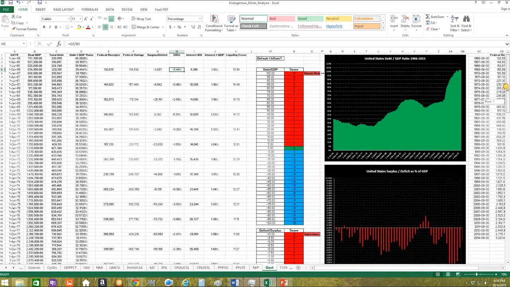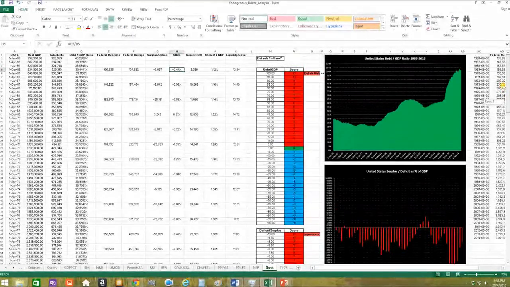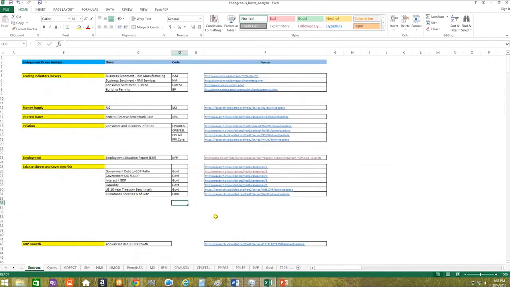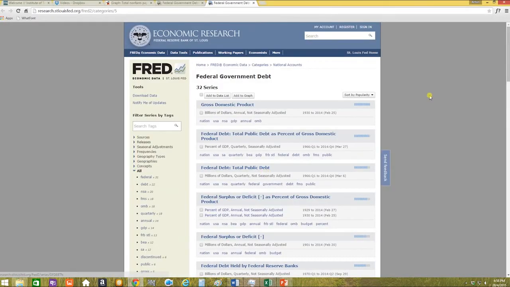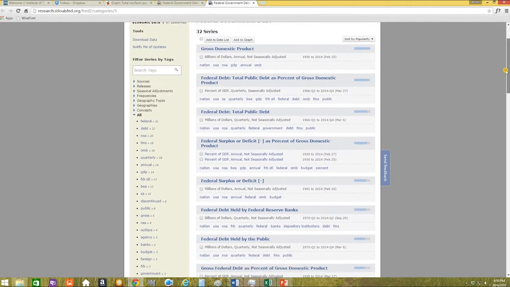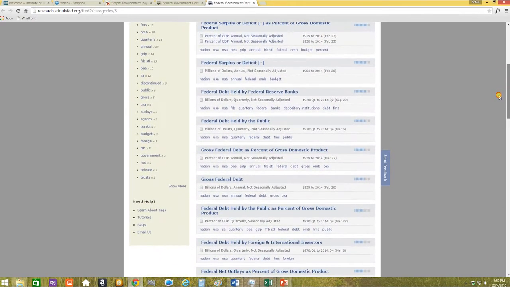But as we know, it's still inflationary, and the outstanding debt has been continually increasing, and that's above 100% debt to GDP. Now, where do we get these numbers from? Well, if we go to the sources section, we click on here, we go back to the St. Louis Fed federal government debt series, and we look for our surplus or deficit statistics.